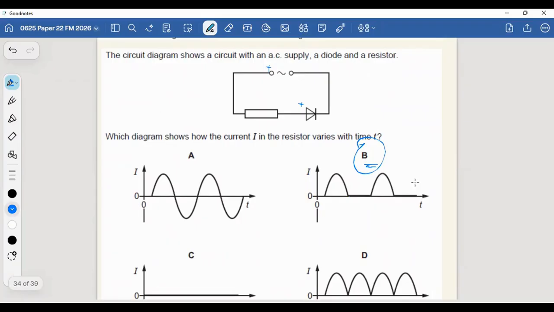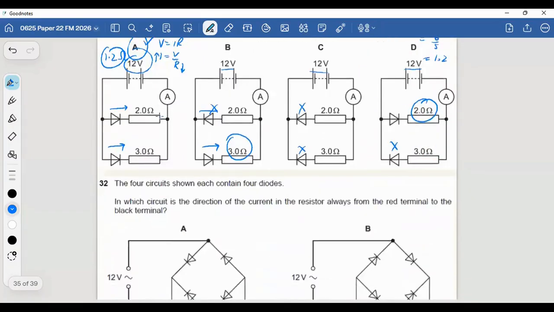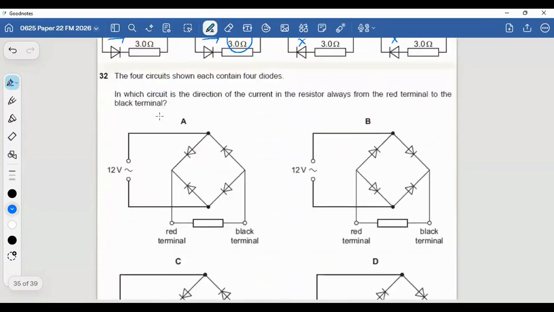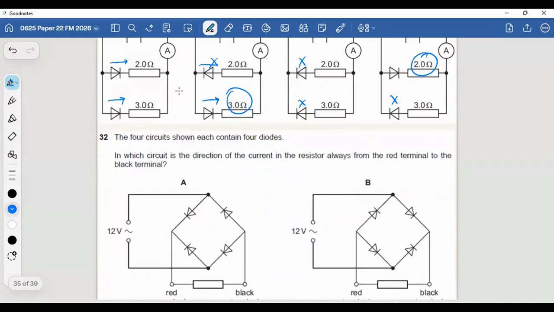So if you want to allow all the current to flow and get such kind of output, you need to arrange four diodes in a bridge kind of structure. These are given here in all the options. The four circuits shown each contain four diodes. In which circuit is the direction of the current in the resistor always from the red terminal to the black terminal? That is a very important question.